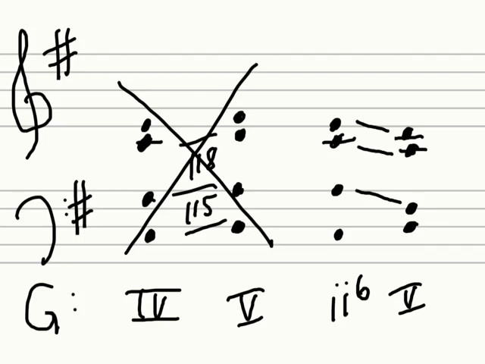There is a variant of this in which, instead of doubling the C in the bass, we double the root A. What would happen here?